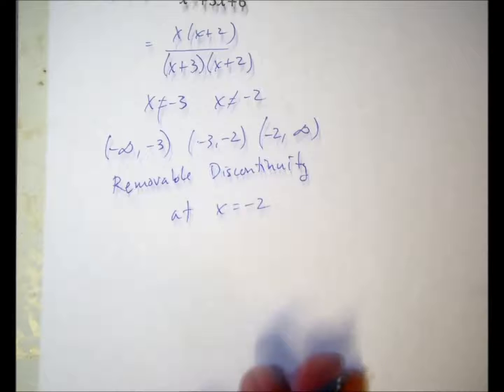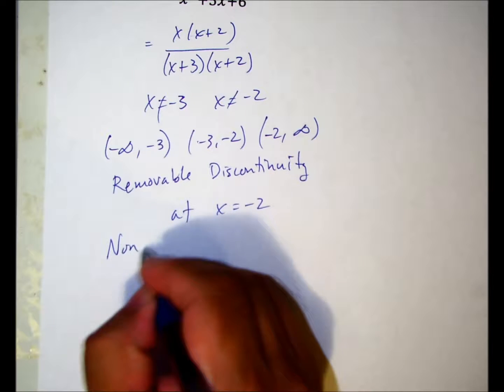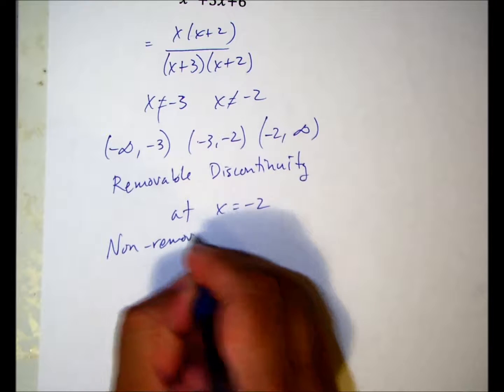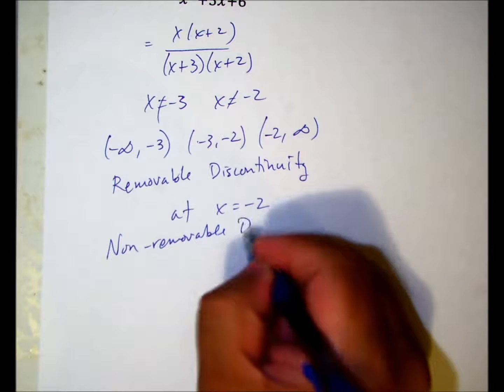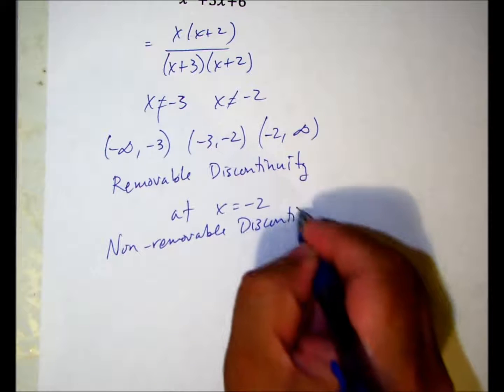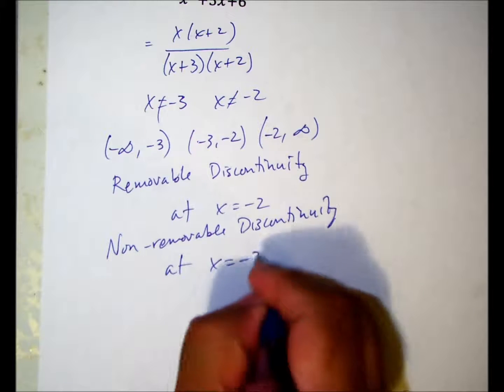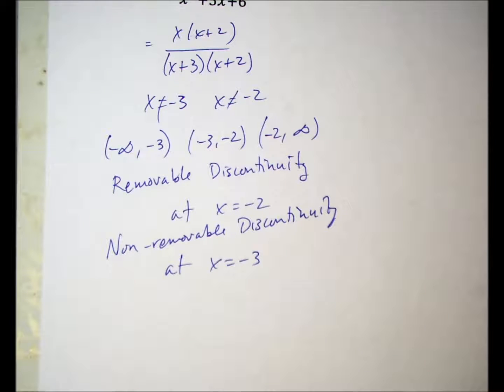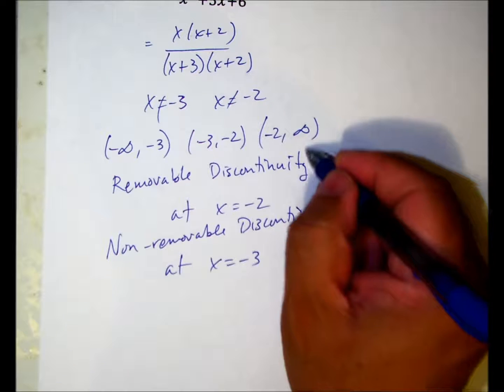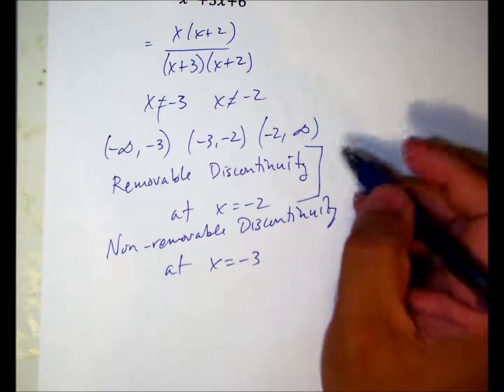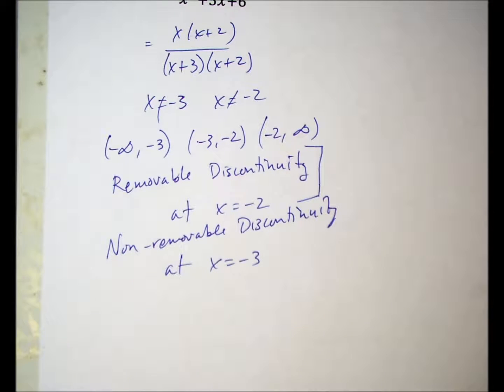And if you want to get technical about it, a non-removable discontinuity at x equals -3. Now, in the directions, it really said to only really point out if it's a removable discontinuity. We don't have to point out the non-removable discontinuities. But that just kind of addresses that.